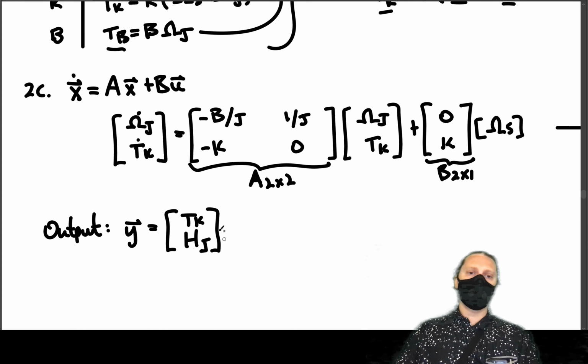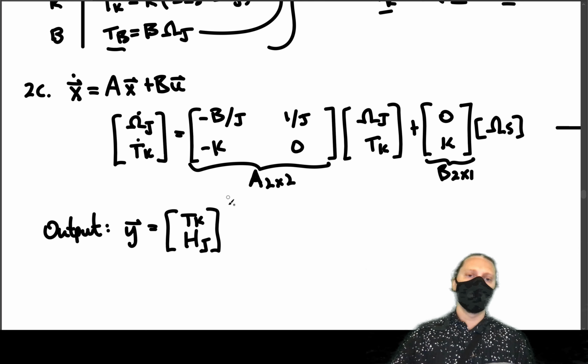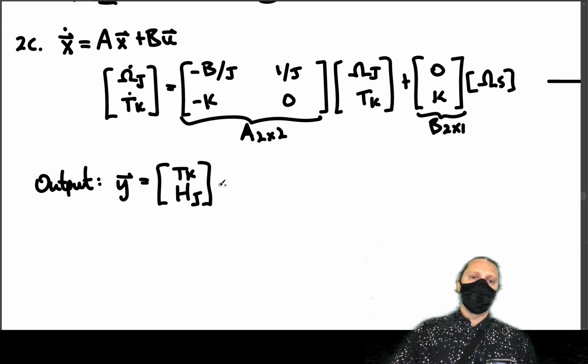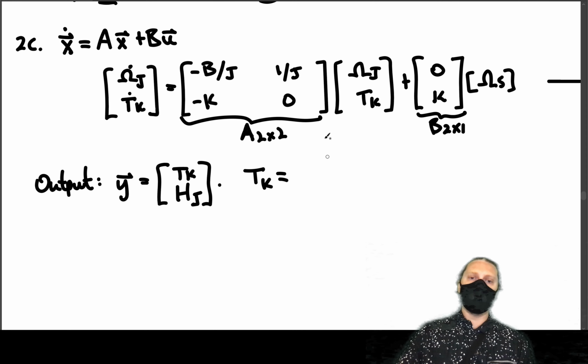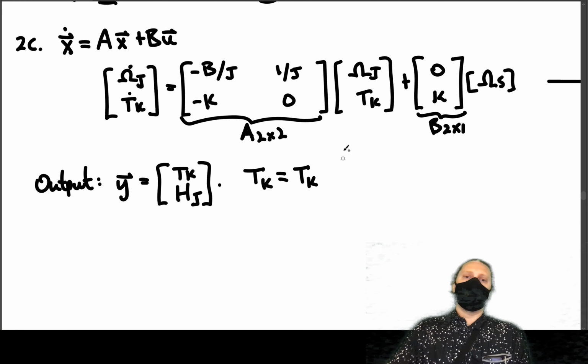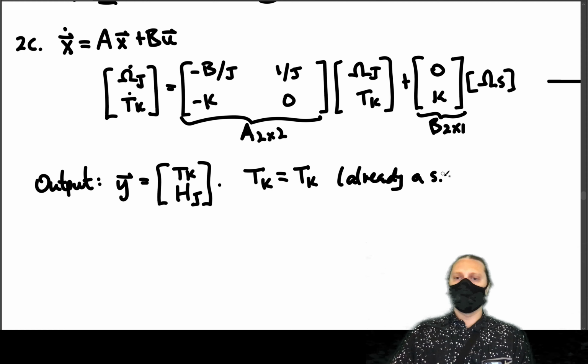We said it was the torque through the spring and the angular momentum of the moment of inertia. So to write each of these in terms of their state variable and input representation, TK is already a state variable, so we can just say the identity TK equals TK.